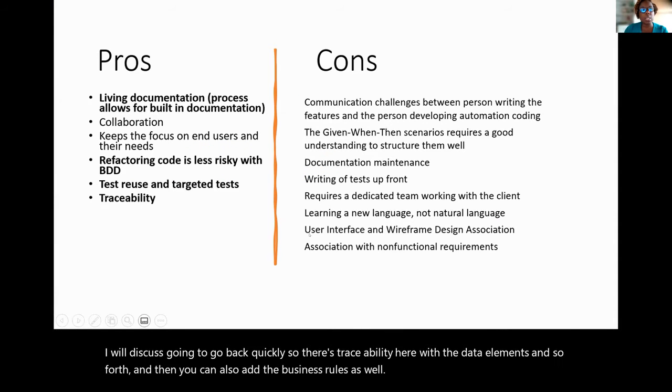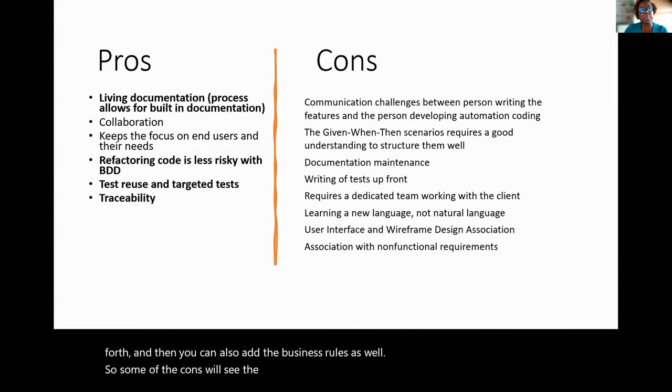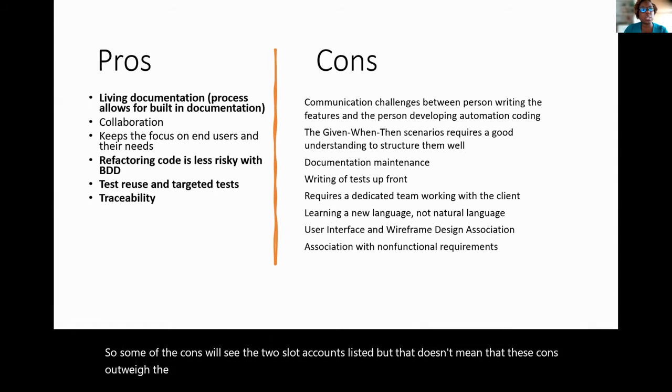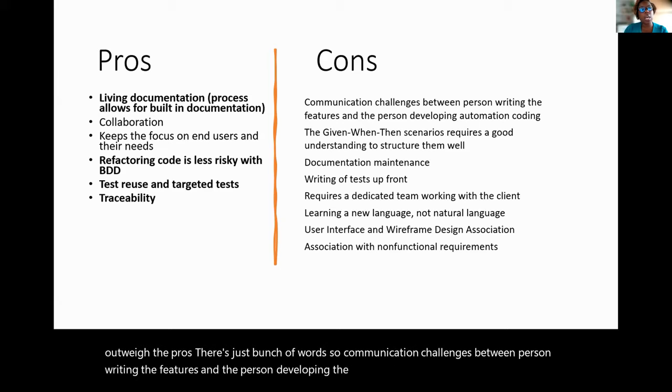So some of the cons, you'll see that there's a lot of cons listed, but that doesn't mean that these cons outweigh the pros. There's just a bunch of words. Communication challenges between the person writing the features and the person developing the automation coding. The given when then scenarios require a good understanding to structure them well.